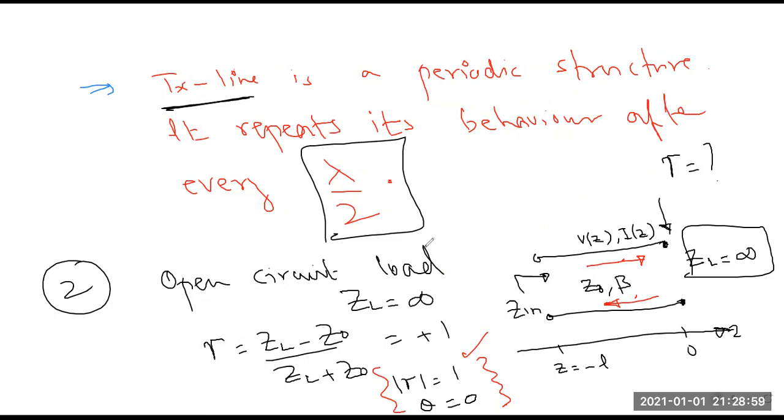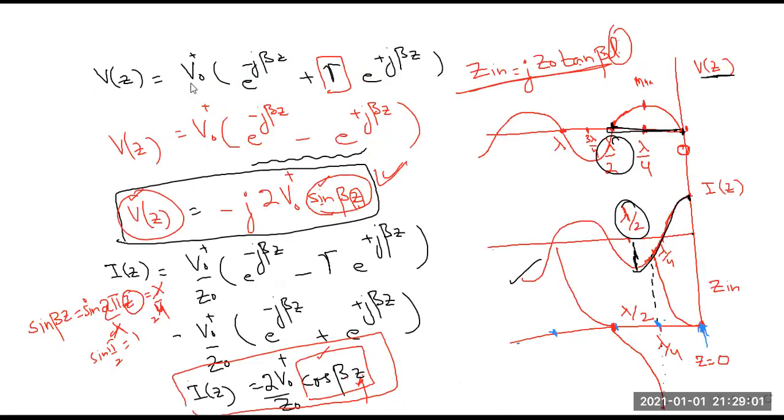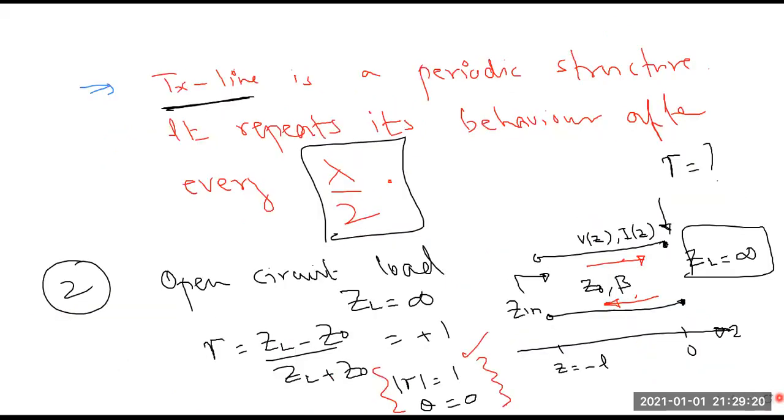So let me use this one. This is the original expression of the voltage. Now in this case, the reflection coefficient is not -1, you get +1. So now you have a plus sign. Again, making use of Euler's relationship, the voltage will be a function of cosine now, not sine. This is something that you can easily do on your own. So I'm going to write down that voltage will be equal to 2V naught cos beta z.